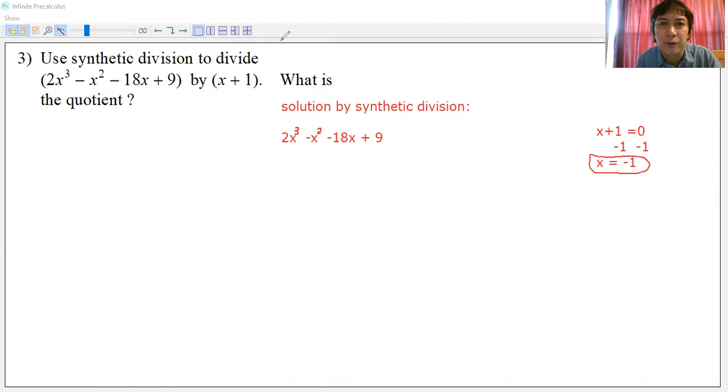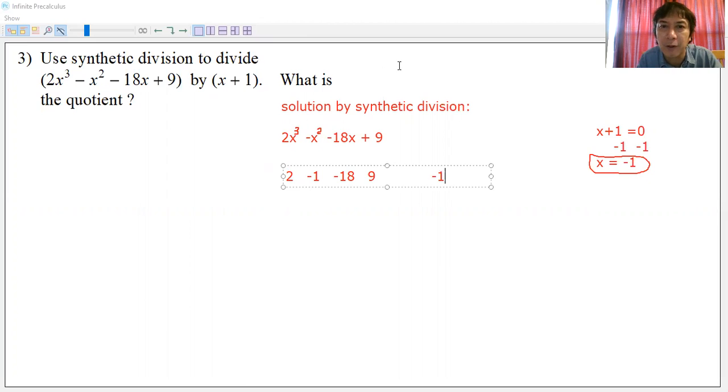All right, so we shall write the numbers. We shall begin with the numbers 2, and then negative 1, and then negative 18, and positive 9, and then we shall write the negative 1 over here.